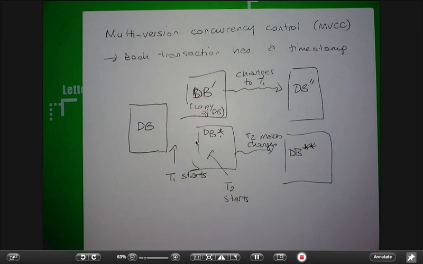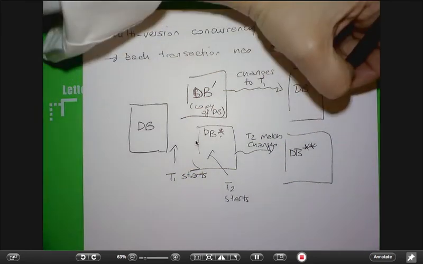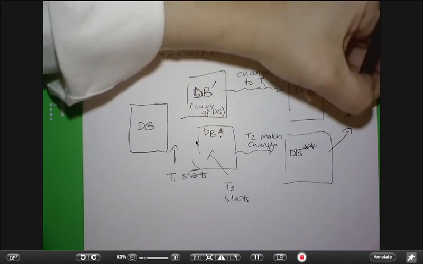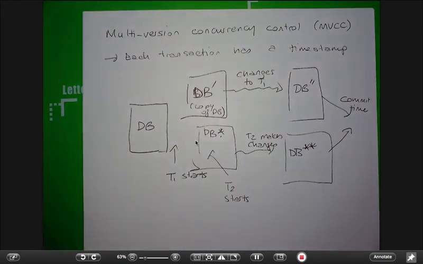And when I'm trying to commit, I'm going to make a decision. If I realize that my commit is not conflicting with anybody so far, I can make those versions the last version, and I'm done.